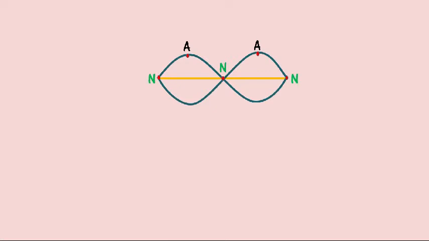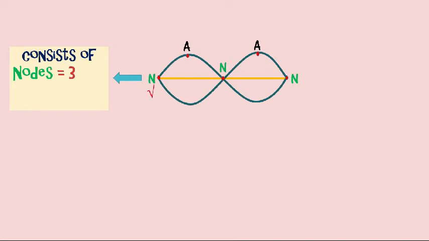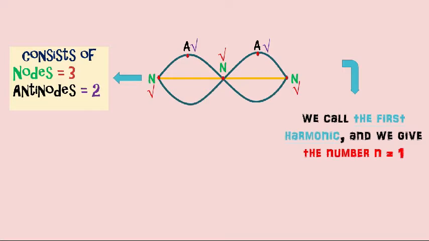So the wave in the picture consists of 3 nodes and 2 antinodes. This wave shows the tone or harmonic that is one level higher than the fundamental harmonic, so we call it the first harmonic, and we give it the number n equal to 1.